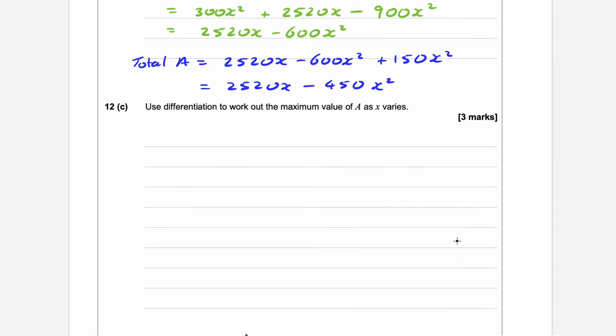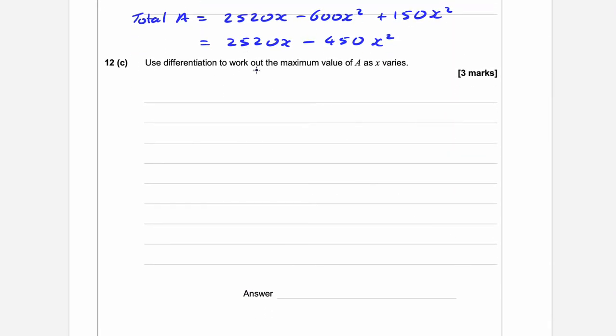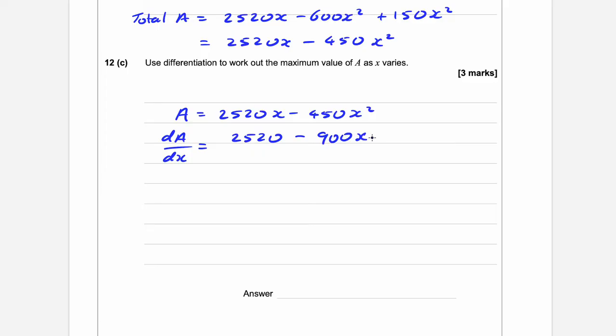Okay, and then he says, use differentiation to work out the maximum value of A as x varies. So we have A equal to 2520x minus 450x squared. Now note, guys, you can actually find that maximum with a calculator, but let's just do it with differentiation. dA/dx equals 2520, and then 2 times 450 is 900, so it's 900x. When is it a maximum?